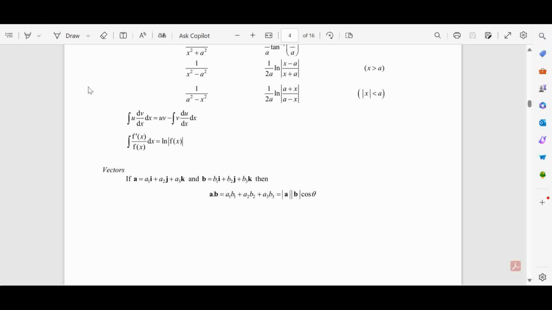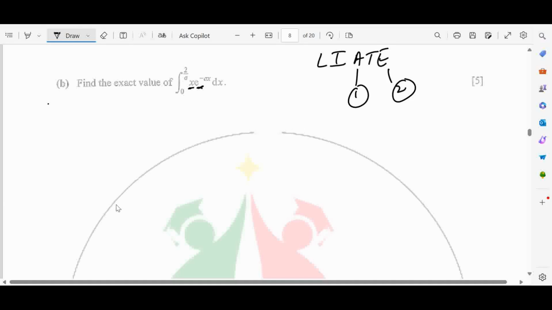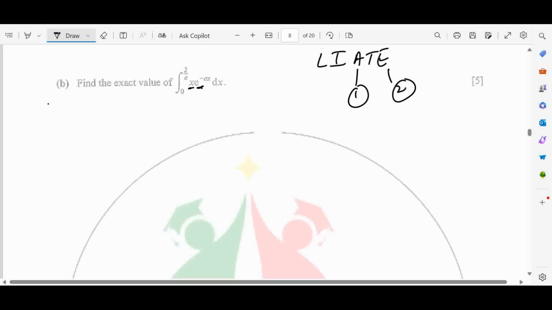The formula for integration by parts will be this. First we need to choose the parts. Let u equal x, and dv equal e power minus ax dx.